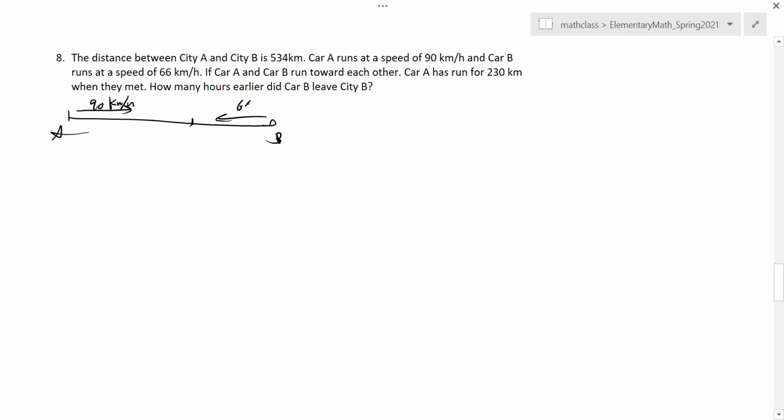Car B is 66 kilometers per hour. If car A and car B run toward each other, car A has run 230 kilometers when they meet. How many hours? So it's the same problem I wanted to work out.